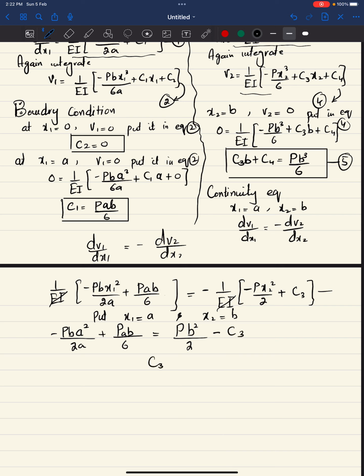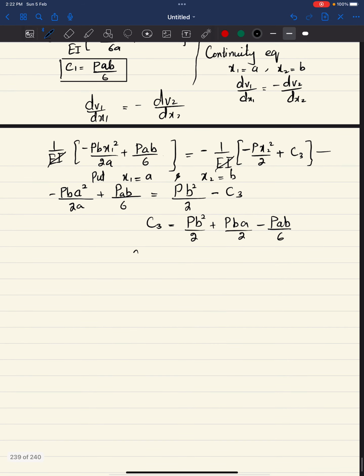So if you further simplify it, you will get C3 is equal to this plus Pba over 2 minus Pab over 6. Upon further simplification, you will get C3 is equal to Pb square over 2 plus Pab over 3. So you can take the LCM of these two, so this will give you this value and this will remain the same. So this is the C3 value.